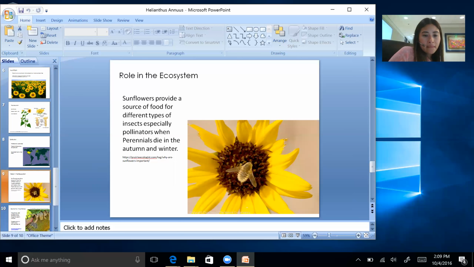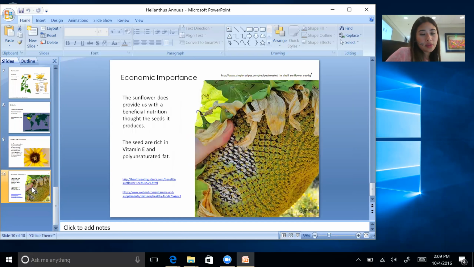And also during the autumn and winter, when the perennials die because of the temperature, the annuals are able to withstand the heat and the cold. So they provide all-year nutrition for the bees and insects that feed on them.